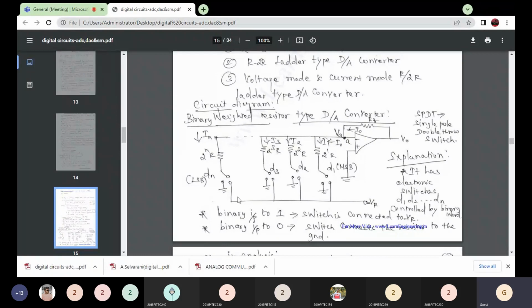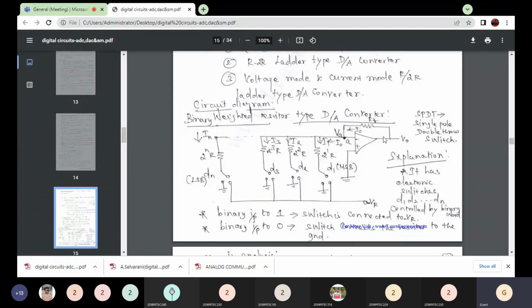In this resistor network, each binary bit is connected to a switch. We use different types of switch: one is the single pole double throw switch, and another is the TTL logic switch.